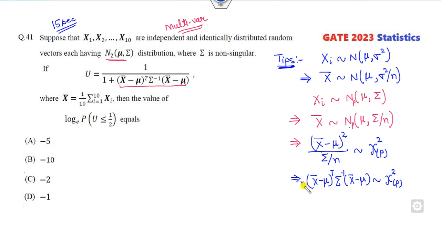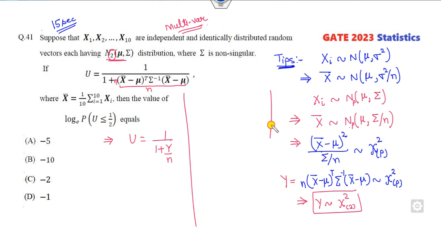The only difference is it is not multiplied with the n. So I can multiply this by n and divide it by n. So I can write this number u as 1 over y over n, where y is my this number. So it means y follows chi-square. What is the p? P is my 2. Clear? Now I can substitute the value here.